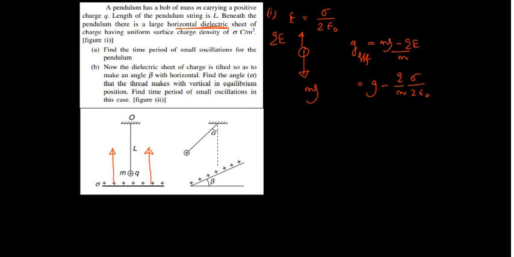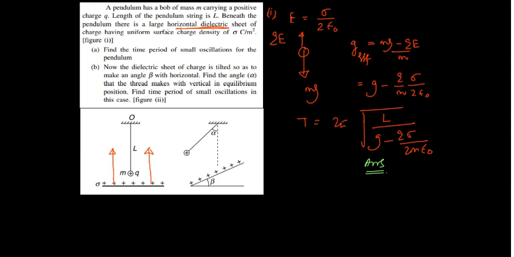So here in this case T will be equal to the time period 2 pi root under L by g effective, where g effective is g minus q sigma by 2m epsilon naught, and that will be your final answer for part 1.